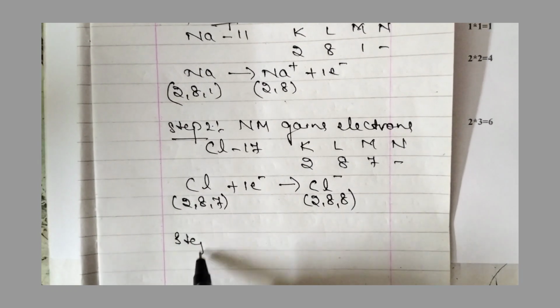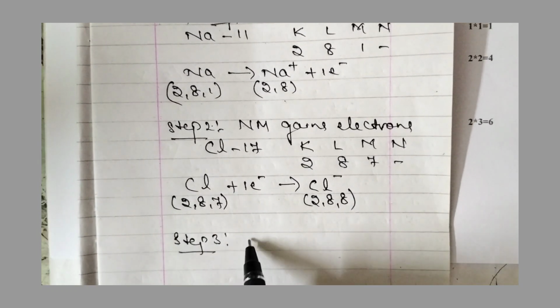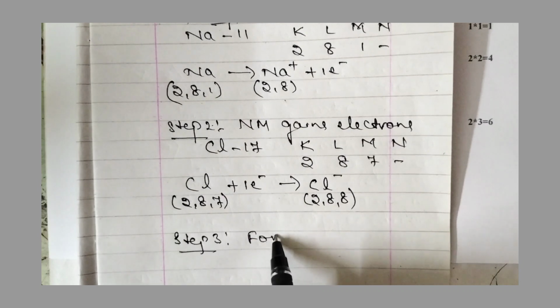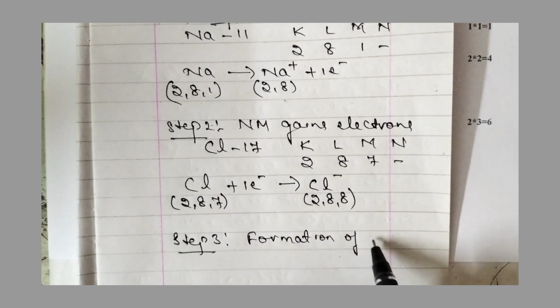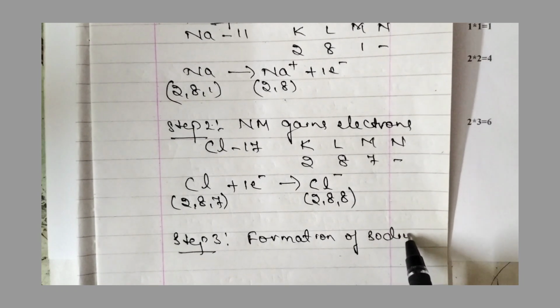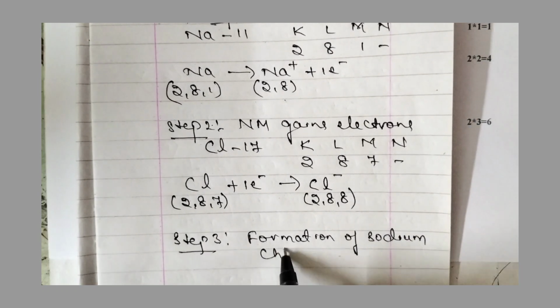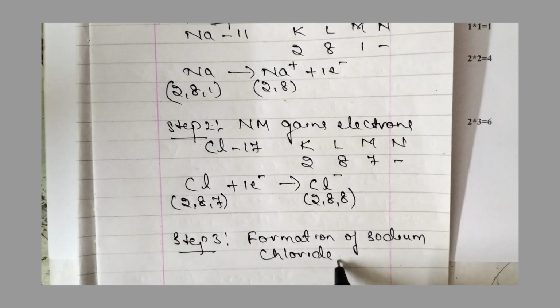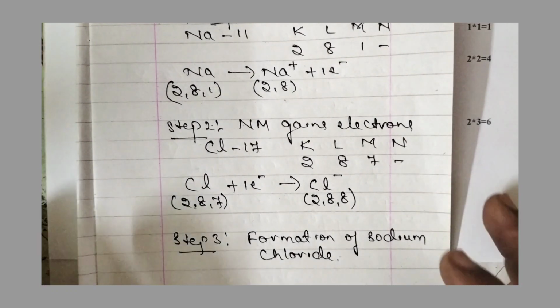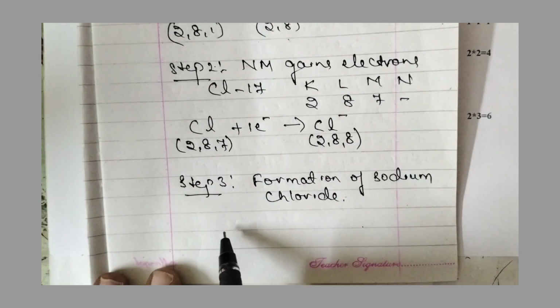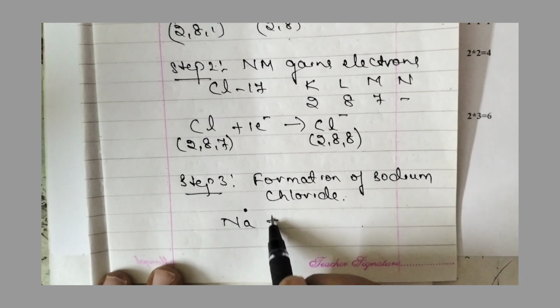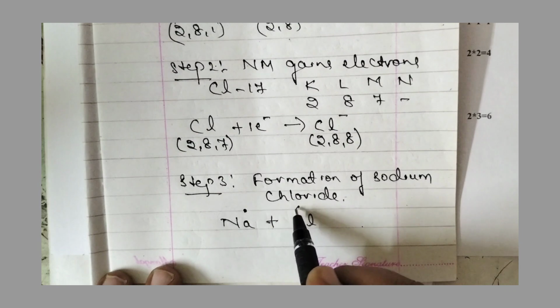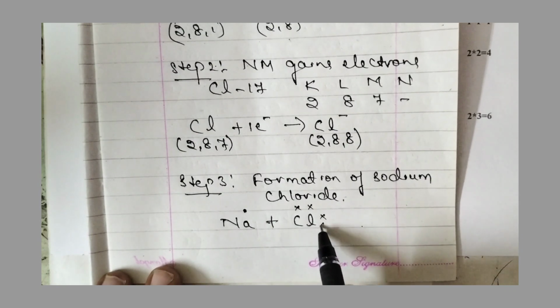And the last step is step number 3, the formation of sodium chloride. We know that sodium has the ability to lose one electron and chlorine has the ability to gain one electron.